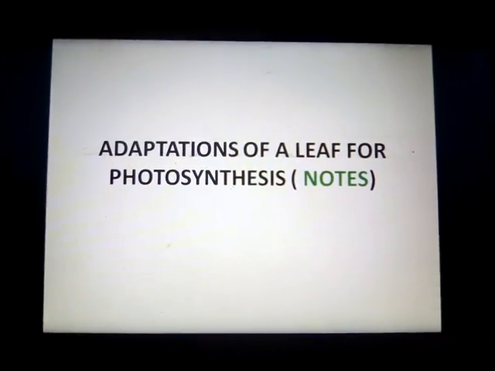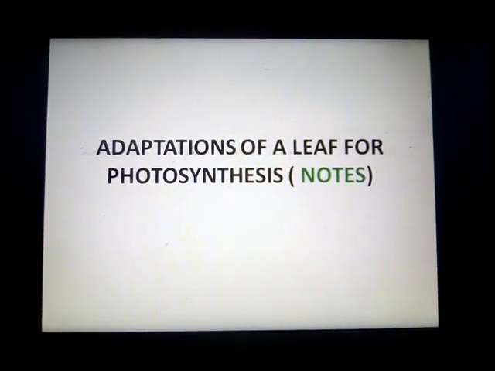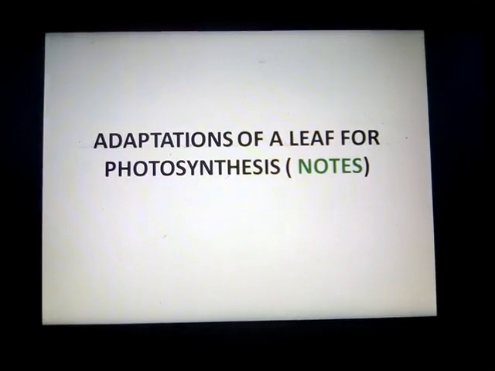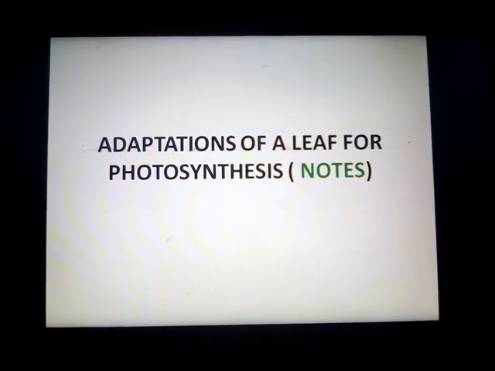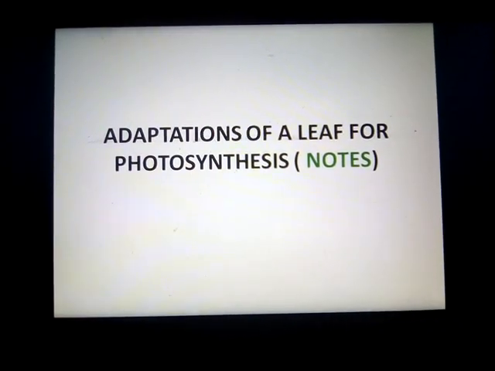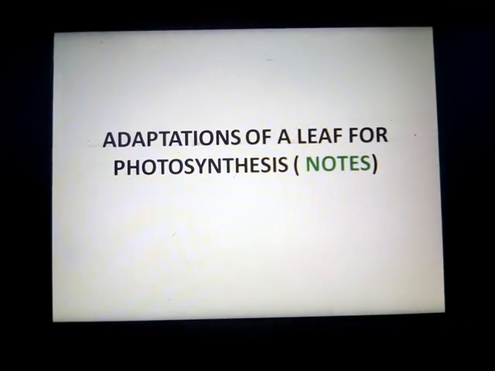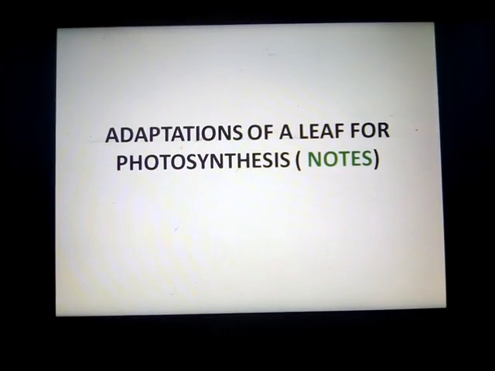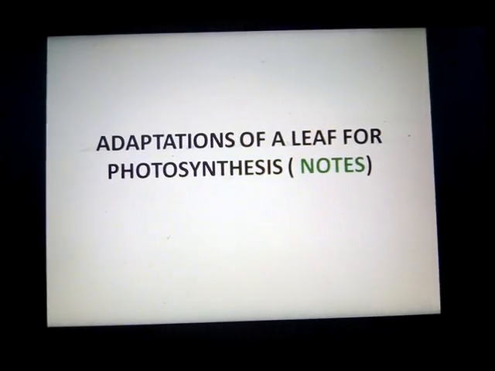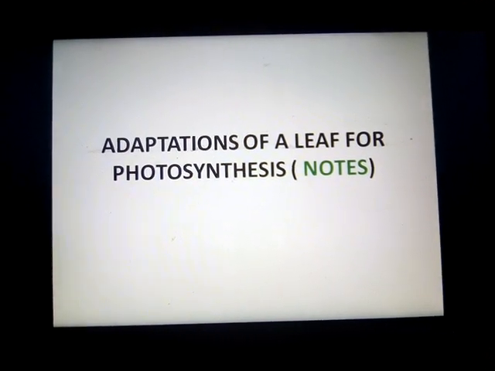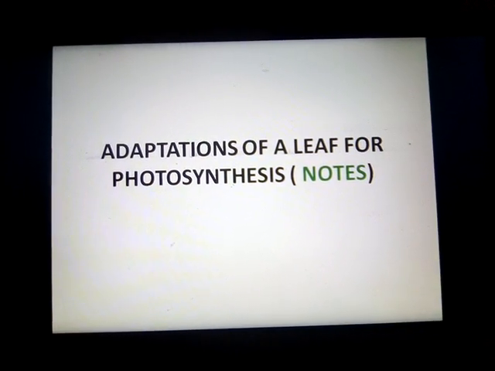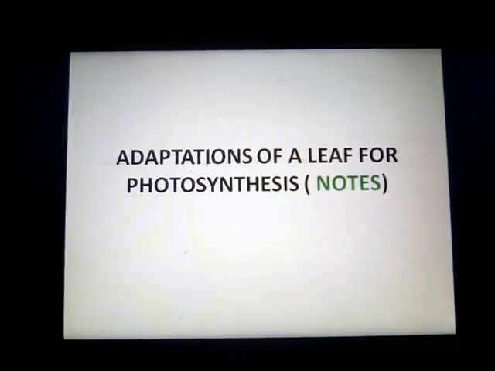This offers a large surface area for the absorption of carbon dioxide and sunlight. Point 2. The leaf is thin. This reduces the distance that carbon dioxide has to diffuse through from the stomata to the mesophyll cells.